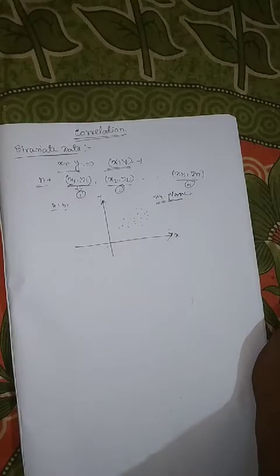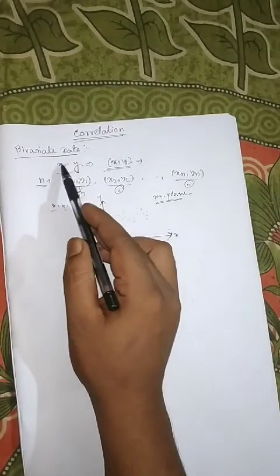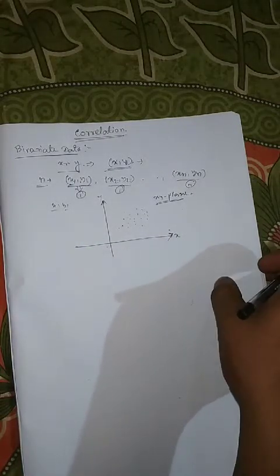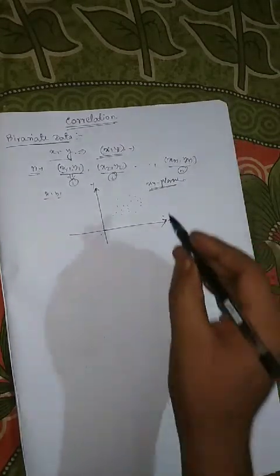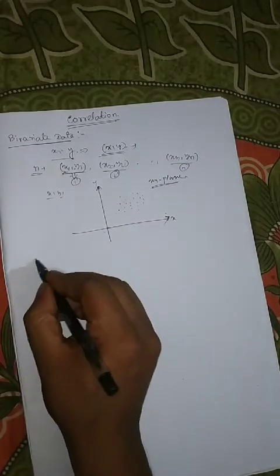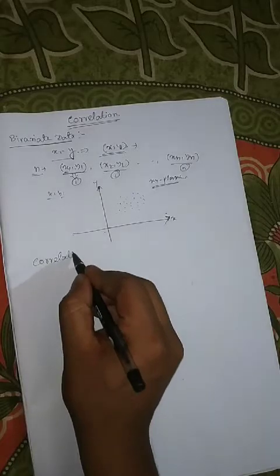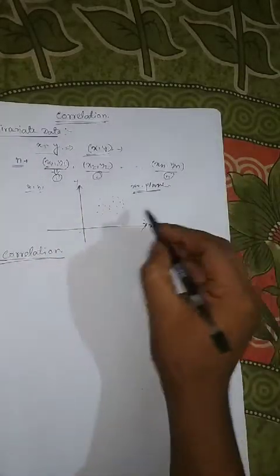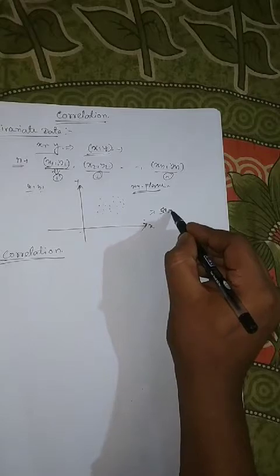Generally whenever age increases, the height of that person increases. So there is a relation between x and y, between age and height. In this way we will find a new measurement which is called the correlation. So this diagram is the scatter diagram.